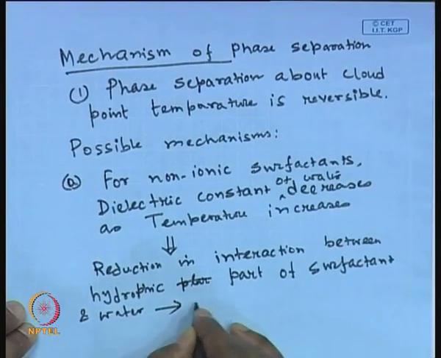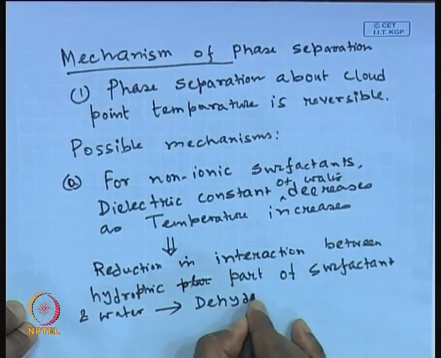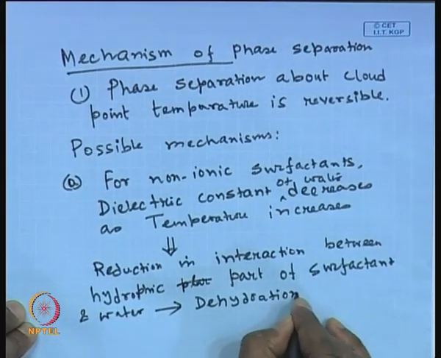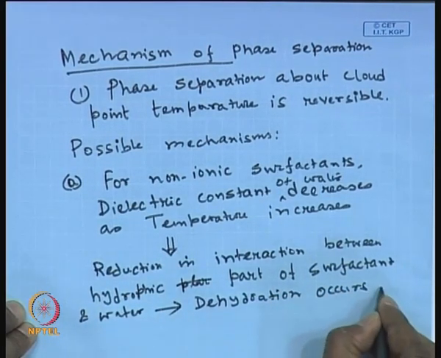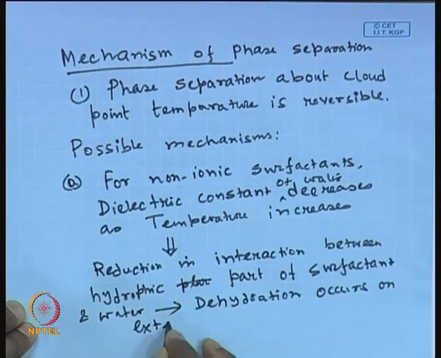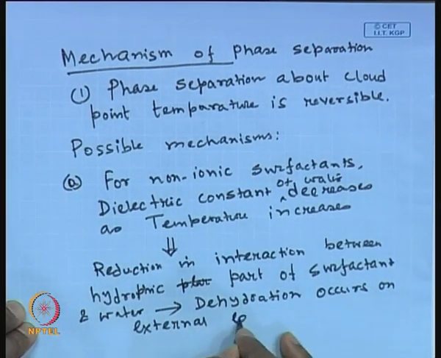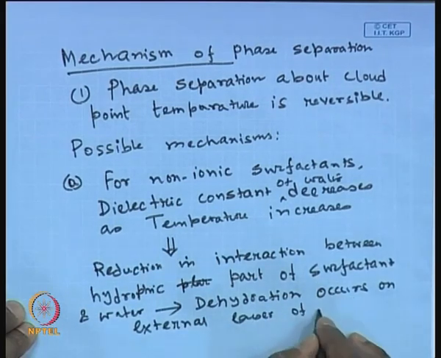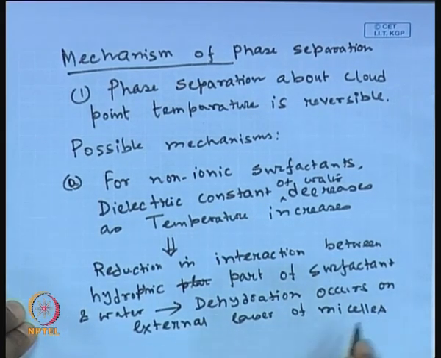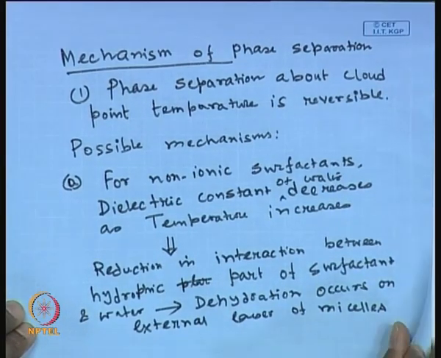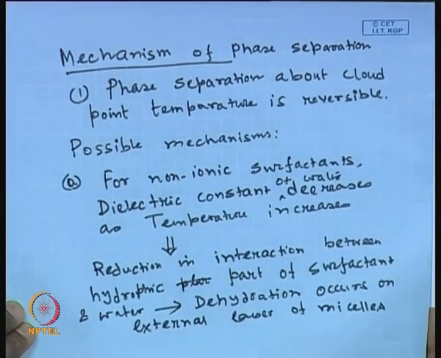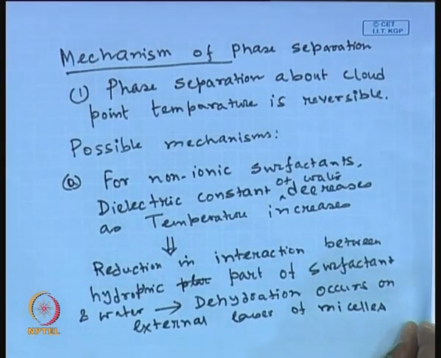So, if it does not like the water environment, then dehydration occurs. Okay. So, water will be repelled from the outer surface. So, it results in dehydration on the external layer of micelles.